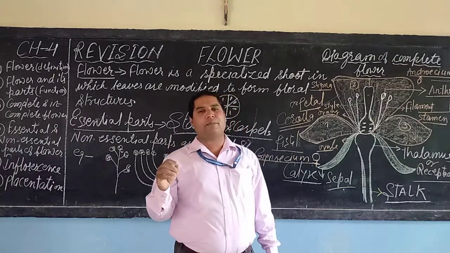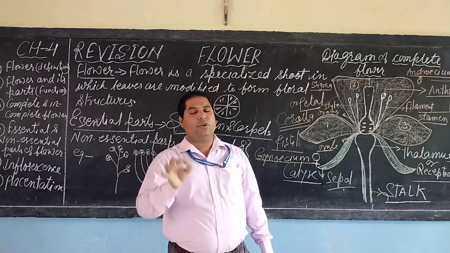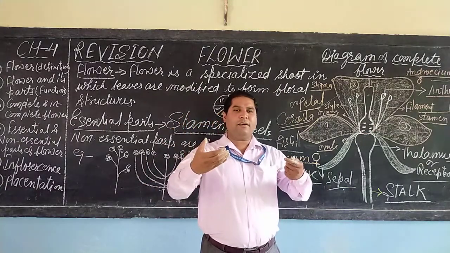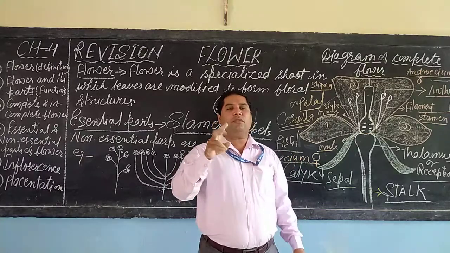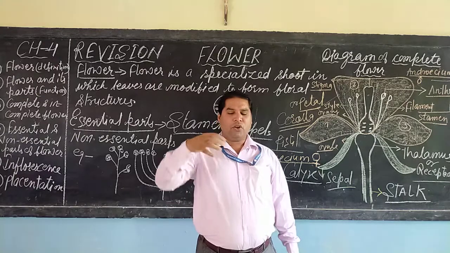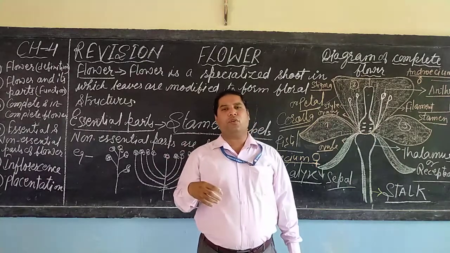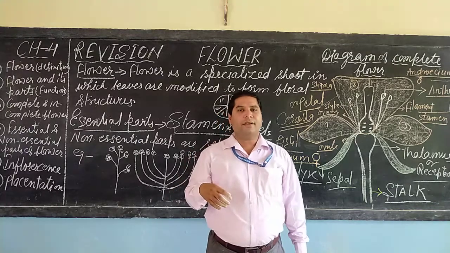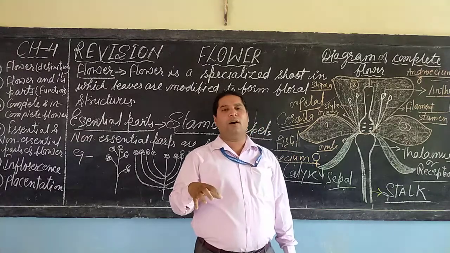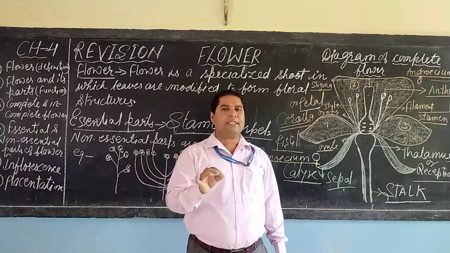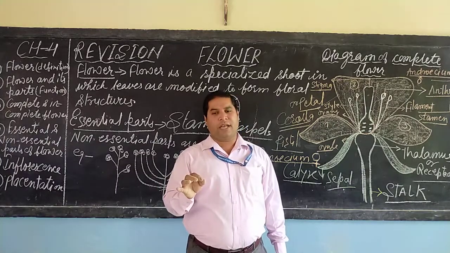Where these male parts are in a single group, known as monodelphous, whereas when in two bundles, known as didelphous, and when they are formed in many groups, known as polydelphous, dear students. So this was about the flower. Please go through the chapter, read it and try to learn about it and prepare.